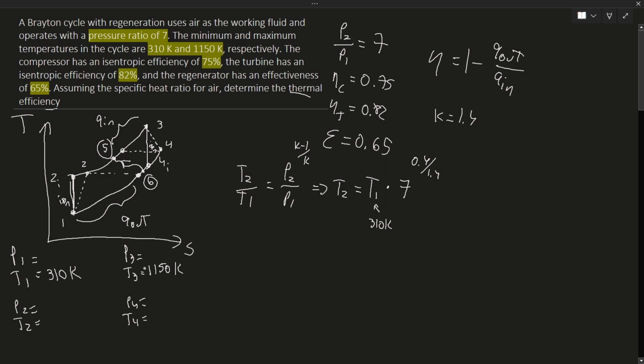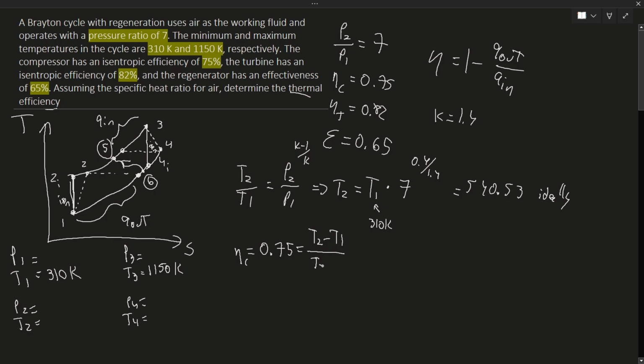All that's left is to find T2 and T4. If you calculate this, we find the ideal temperature if the compressor was at 100%. It's going to be about 540.53 ideally.